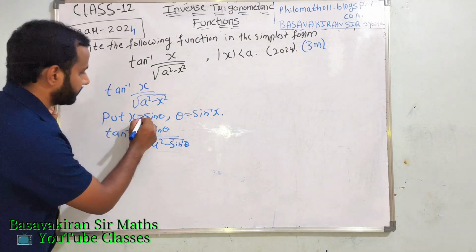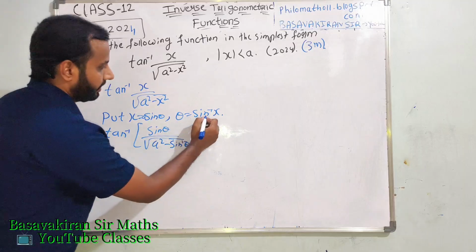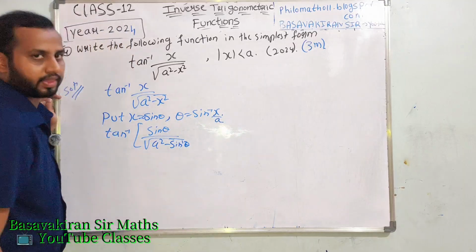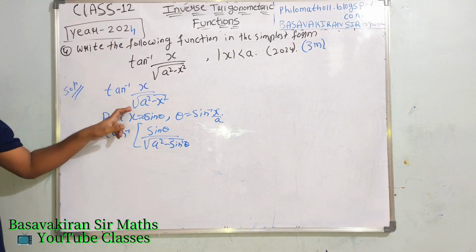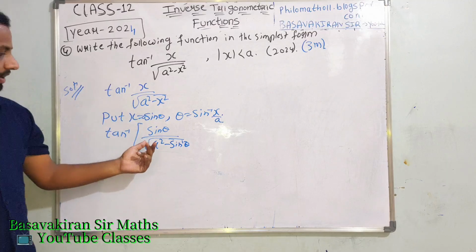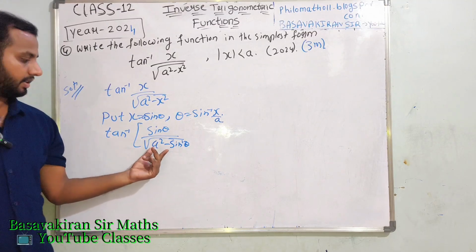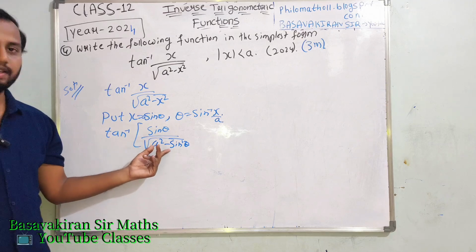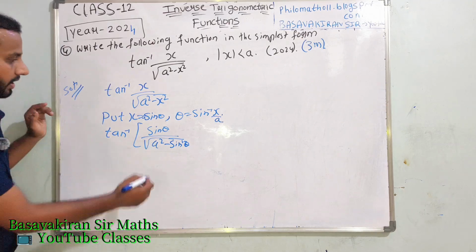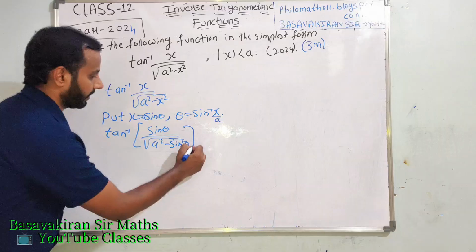Let us take the x value as a sin theta, then theta will be sin inverse of x by a. Why have I taken this? Because here we have a square minus a square sin square theta, and for a square to come common, I take the x value as a sin theta. So I will take x as a sin theta, right?